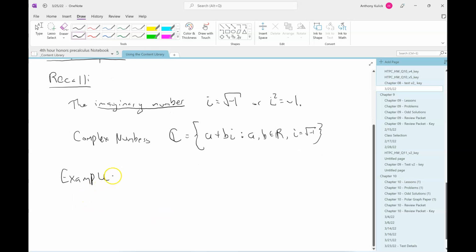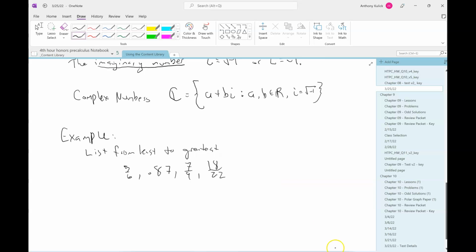Say if I wanted you to list from least to greatest, and I give you like 5/6, and like 0.87, and like 7/9, and then like 18/20, and maybe let's throw in there like the square root of 1/3 or something.